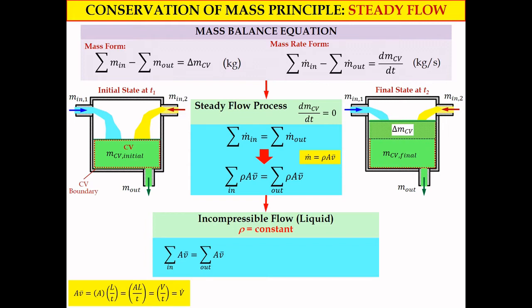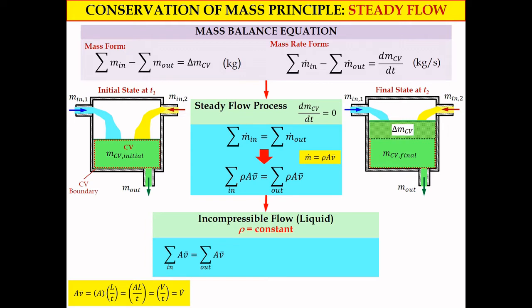For the A V bar formula, it is also equal to the cross section area multiplied by L divided by T. L stands for length, T stands for time. So L over T actually represents V bar, the average velocity.